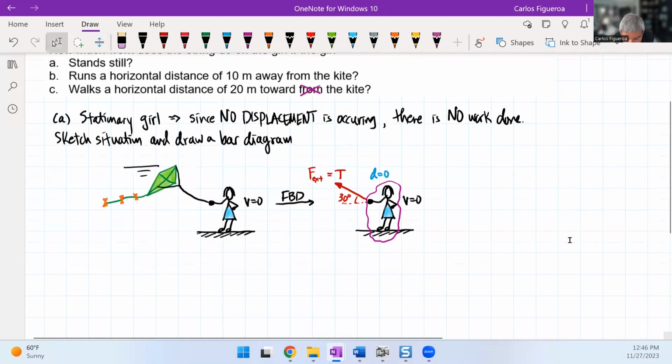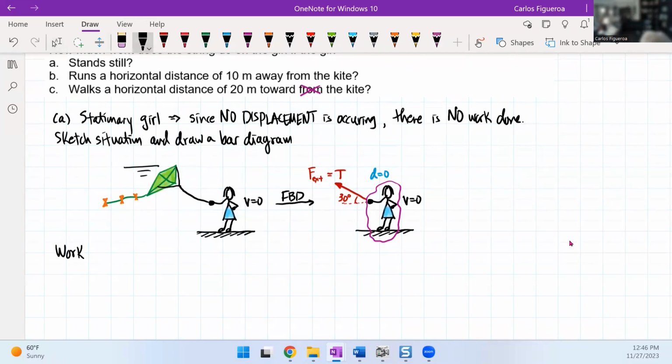So the work-energy theorem tells us that the net work done, in this case the work done by the tension, is the tension force times the displacement.